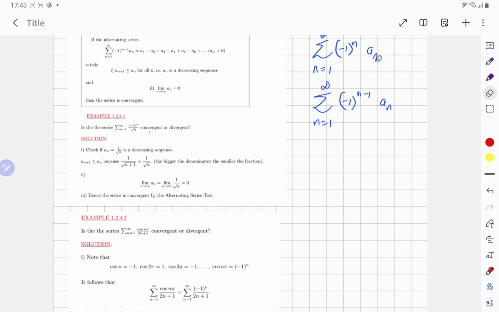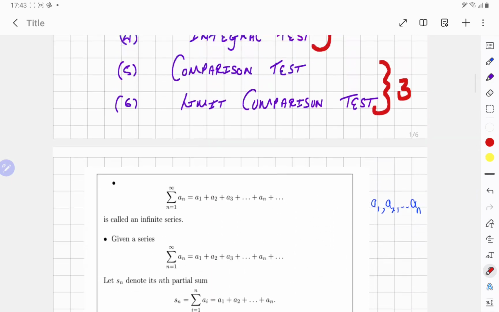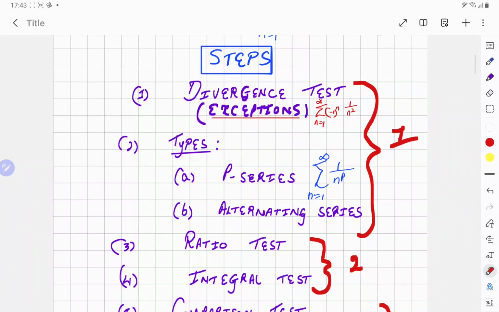So to recap, when you see anything in this form, you're going to try the two conditions for the alternating series test. Now, just to mention, I said we're going to follow these steps strictly later, but there is an exception.